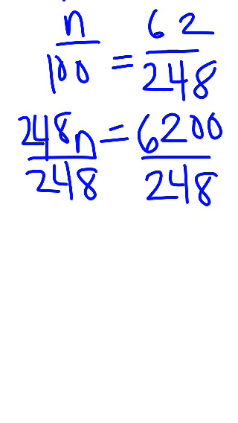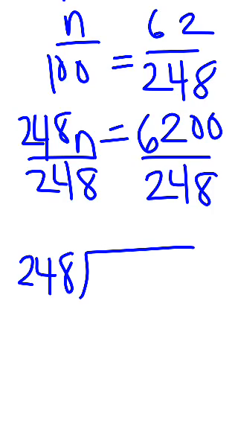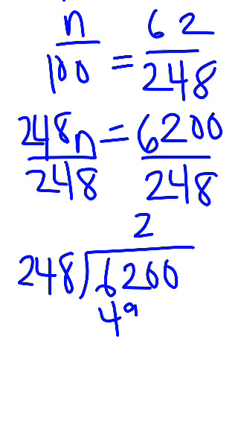The advantage is that you don't have to move any of the decimals or add any other zeros. So let's divide 248 into 6,200. 248 into 620 will go two times, giving us 496.